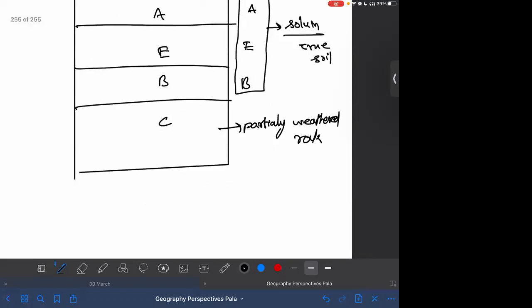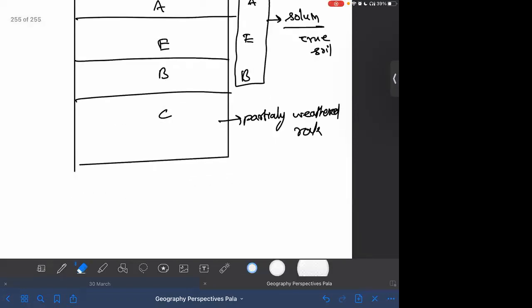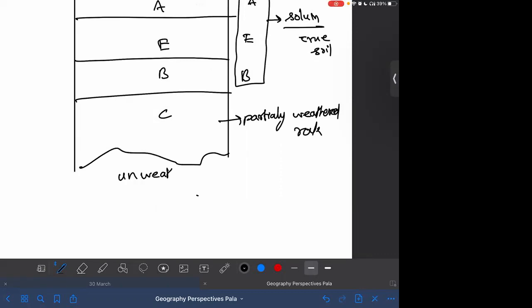Therefore, this is the unweathered rock, or the parent material from which the rock has formed.